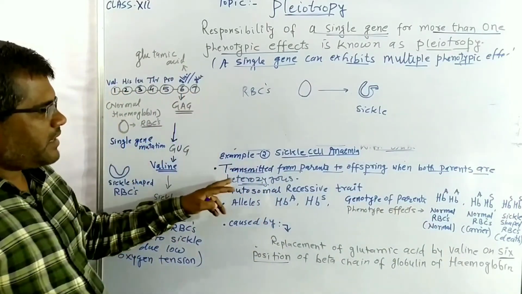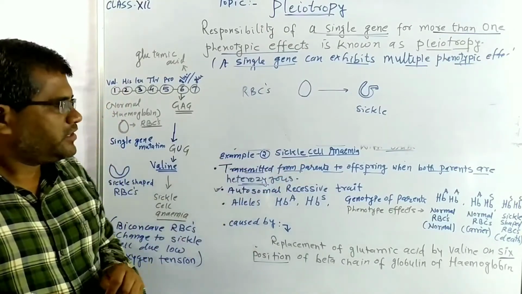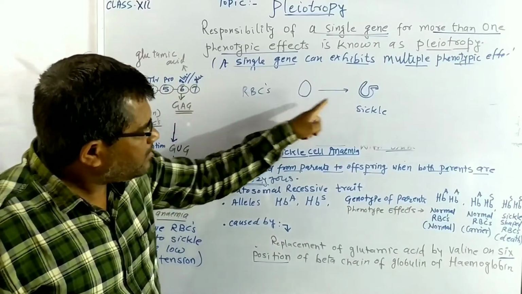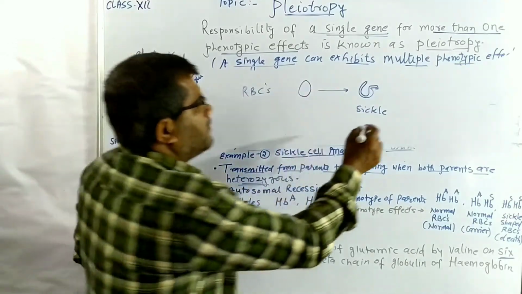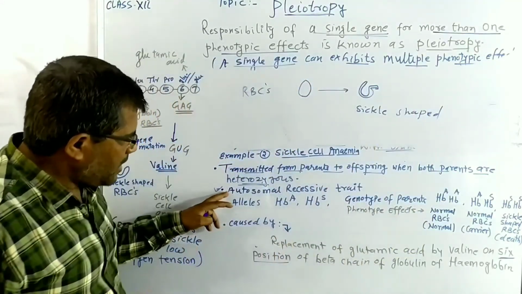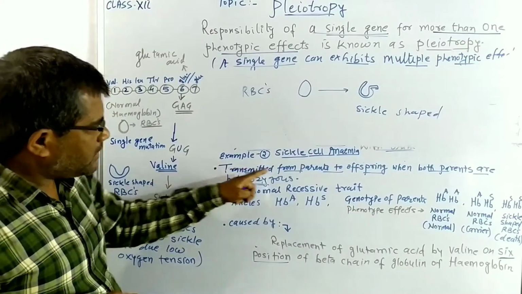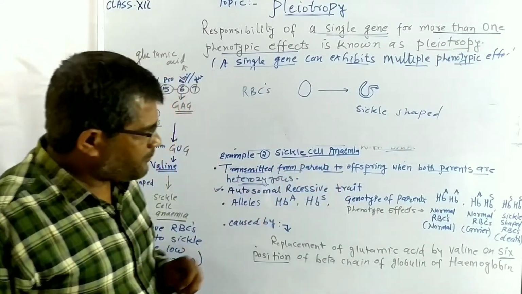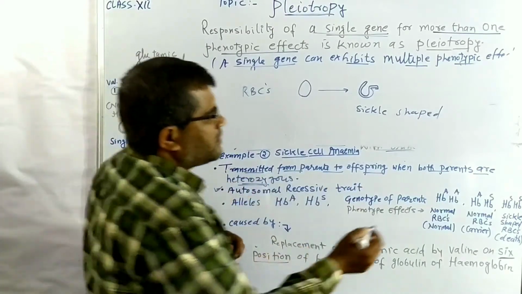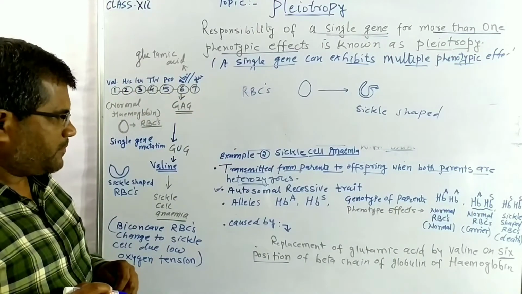Number one, in sickle cell anemia the RBC becomes a sickle cell. Number three, the disease is transmitted from parent to offspring when both parents are heterozygous. I have mentioned this condition, and later we are also coming to this position.